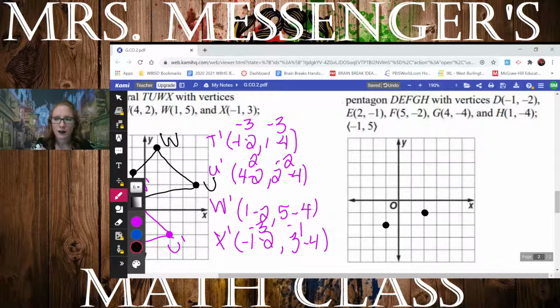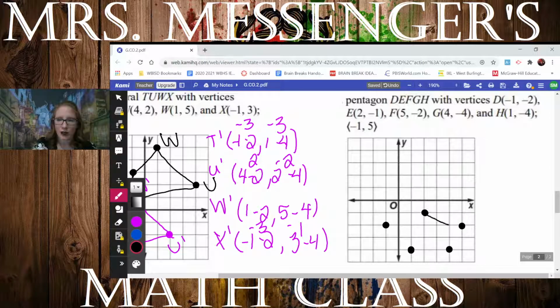And 5, 2. And 4, negative 4. Oops, I misread that. Happens all the time. 5, negative 2. And 4, negative 4. And 1, negative 4.